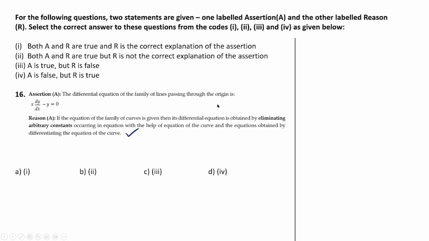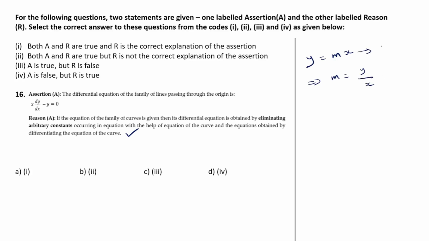Now the family of lines passing through the origin is given by y equal to m into x. So let us check the assertion. So this is the family of lines which is passing through the origin. So from this we have m equal to y by x.